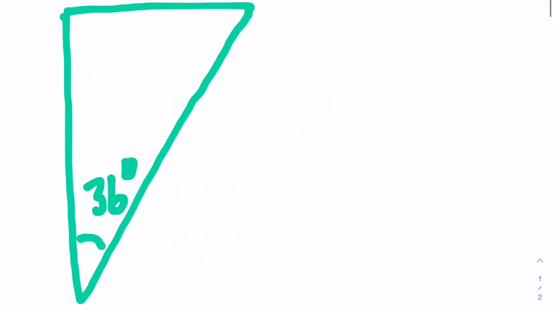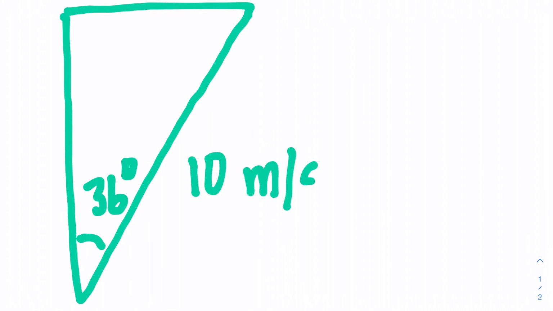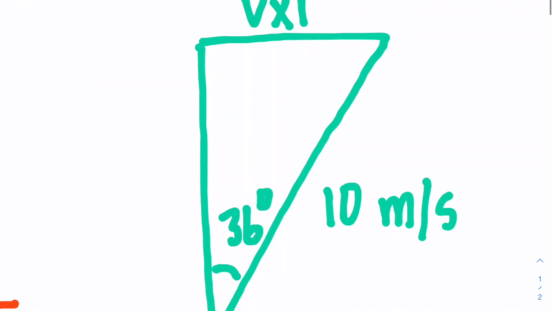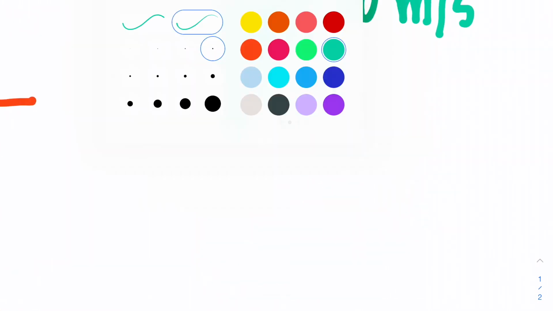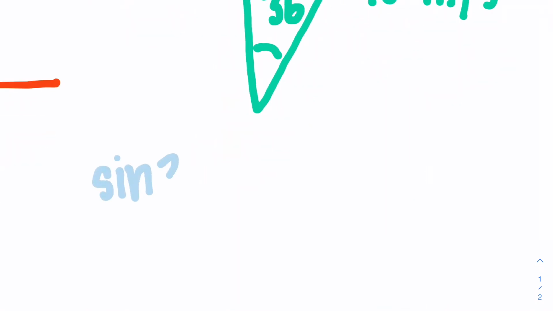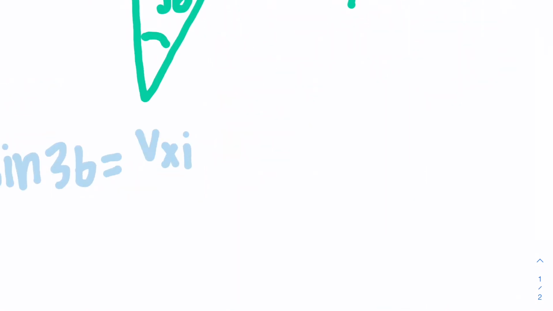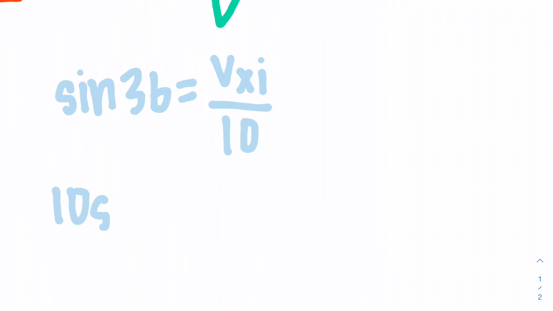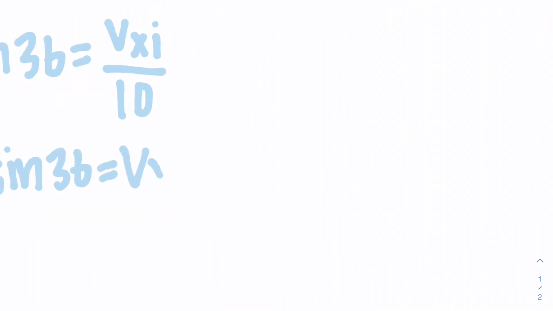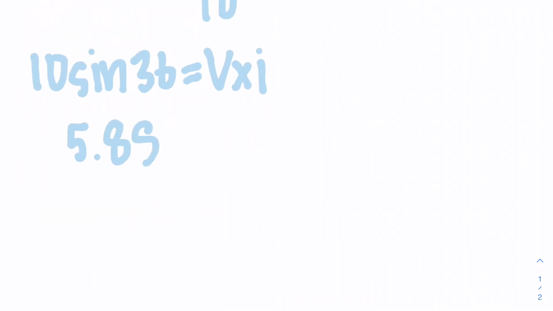Okay, so here I'm redrawing the triangle from the other picture. And we will use this to find the initial horizontal velocity and the initial vertical velocity. We can use sine to find the initial vertical velocity, and the answer is 5.88.